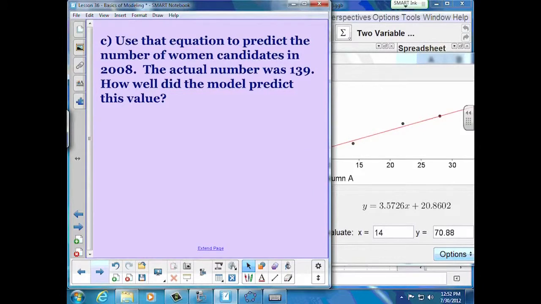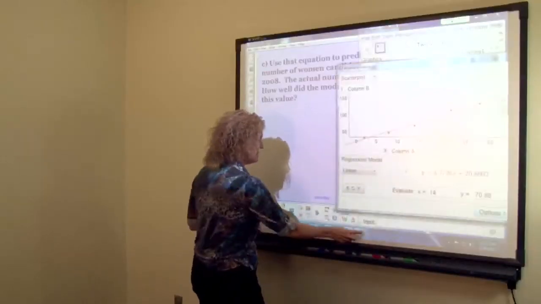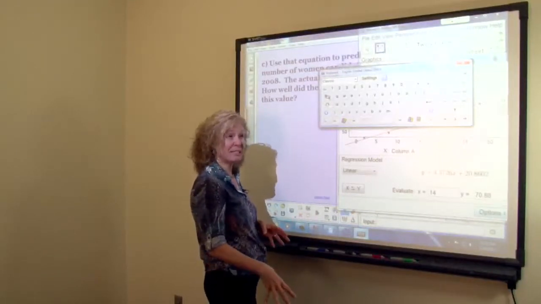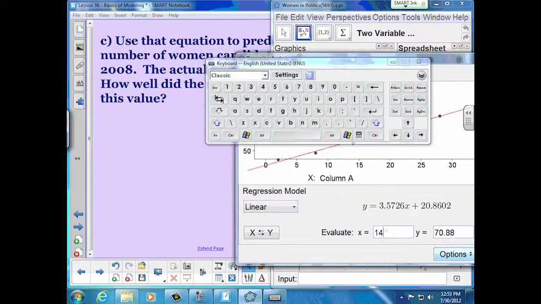Use that same equation to predict the number of women candidates in 2008. Well, let's see here, 2008. From 1970 up to 2008, that's what, 38? So I say, okay, what if I put in a 38?